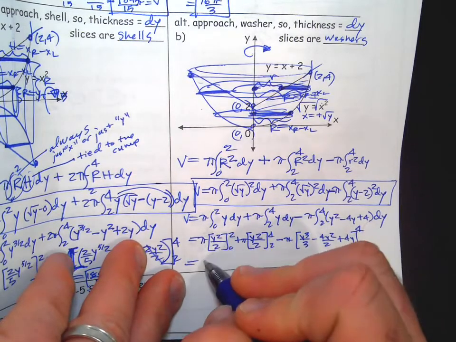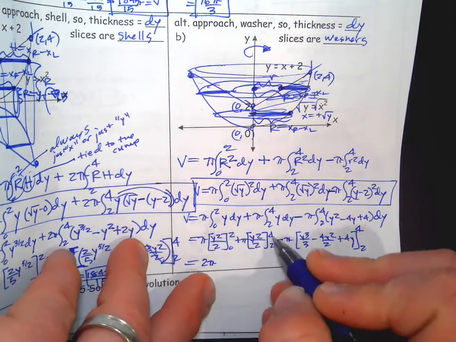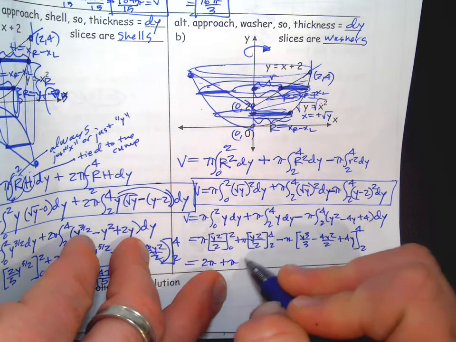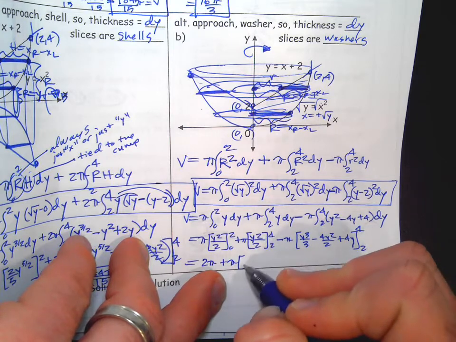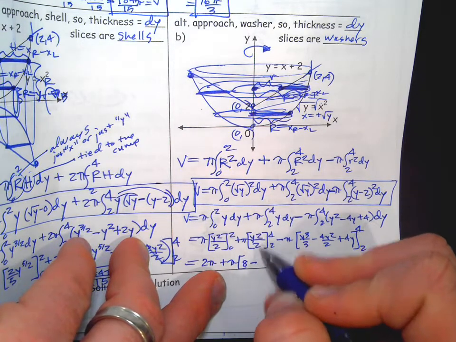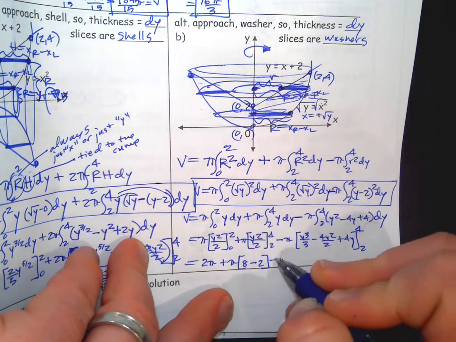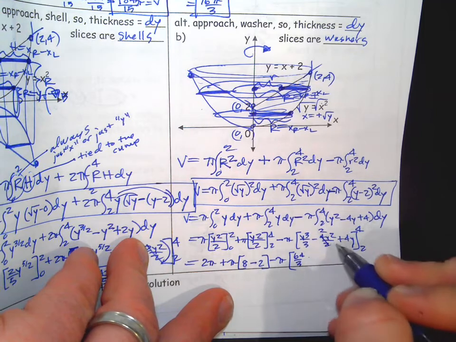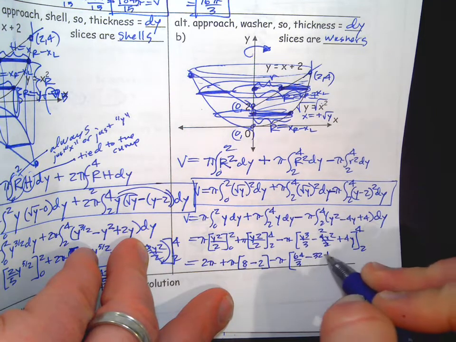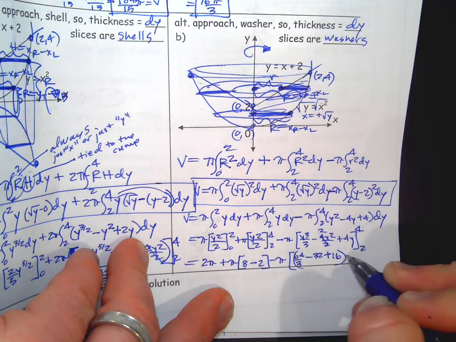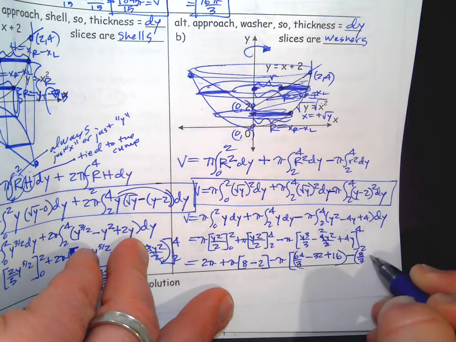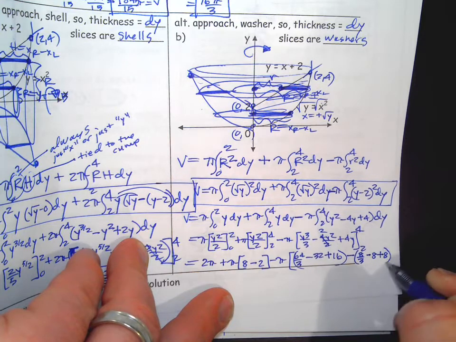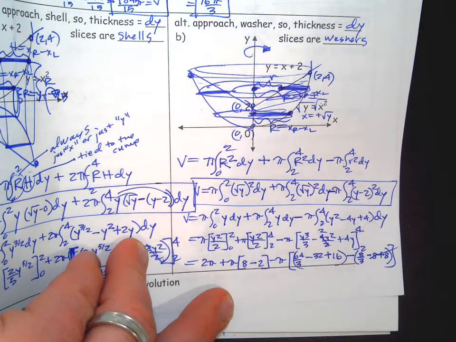So this is going to be 2 pi, right? 16 over 2 is 8, minus 2 squared, 4 over 2 is 2. Put 4 into here, we get 64 thirds, minus 32, plus 16, minus 8 thirds, minus 8, plus 8. Those guys cancel each other out.